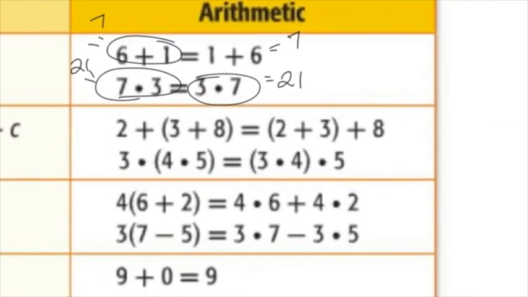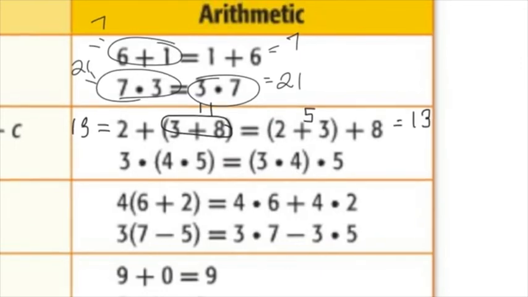So looking at an example, we have 2 plus 3 plus 8. We know we have to do this part first. This would give us 11. Plus 2 would give us 13. But looking at the other way, 2 plus 3, that would equal 5. Plus 8 also equals 13.